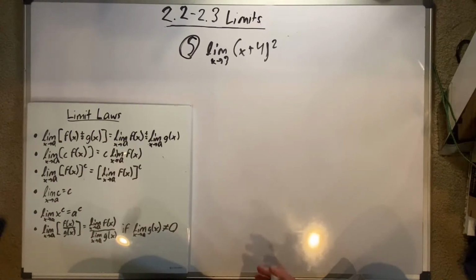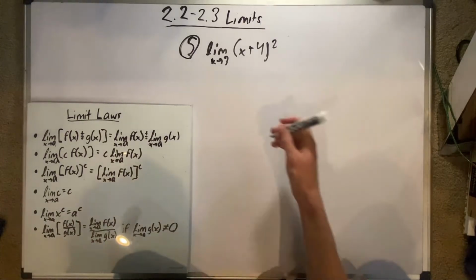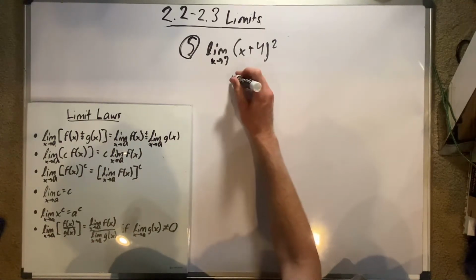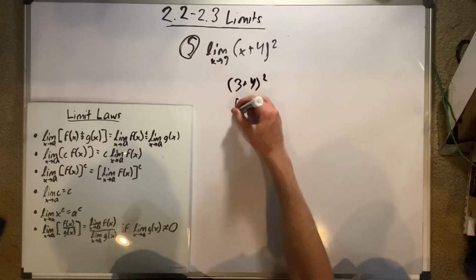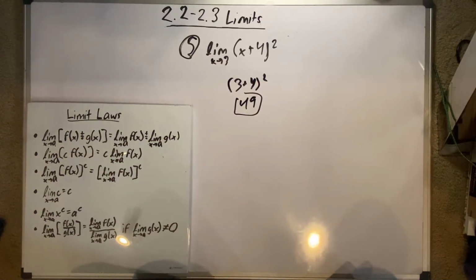But notice, is there anything stopping us from plugging in this 3 right now? Absolutely nothing. So let's just plug it in. 3 plus 4 squared is 7 squared, 49. That's literally it. Because you just plug it in.